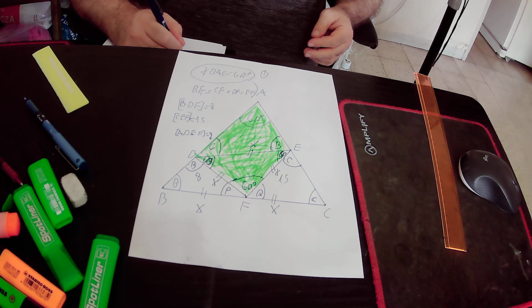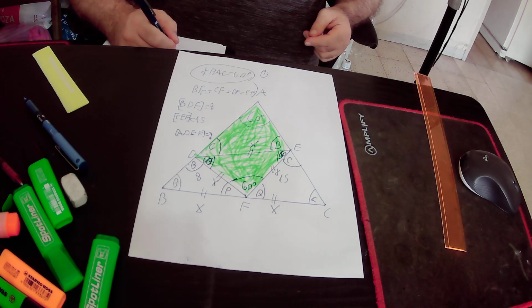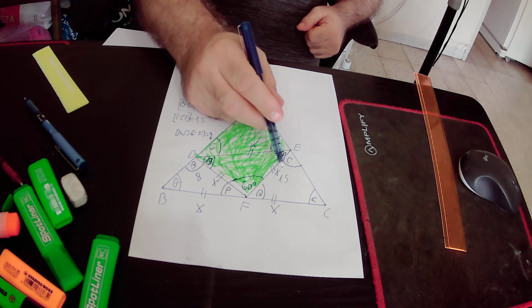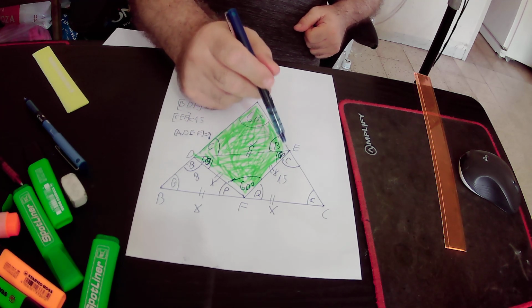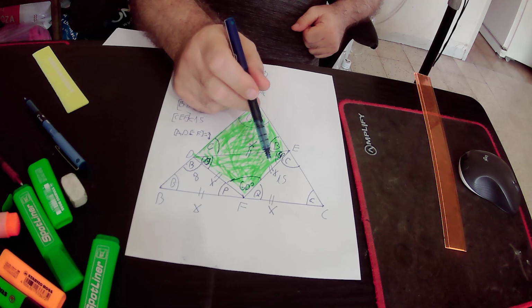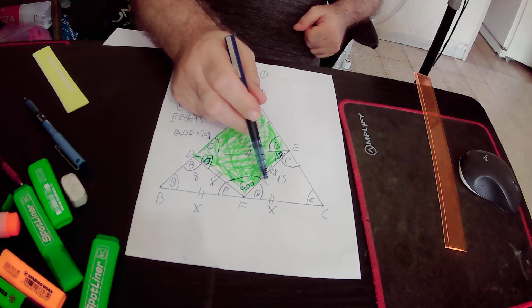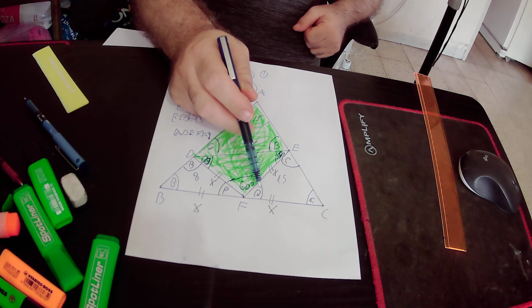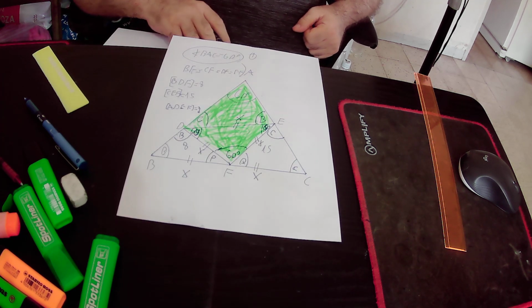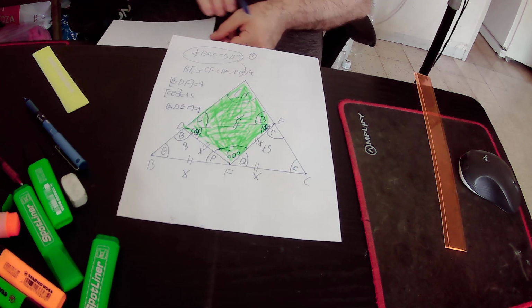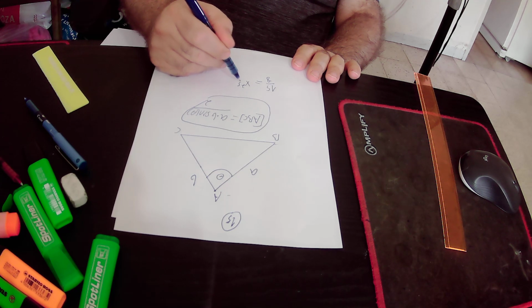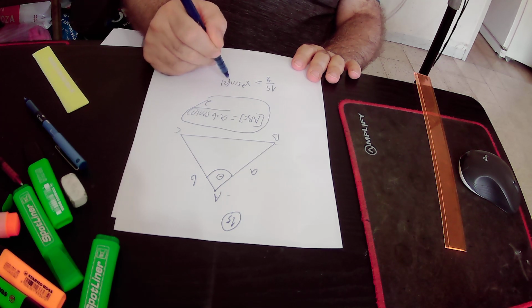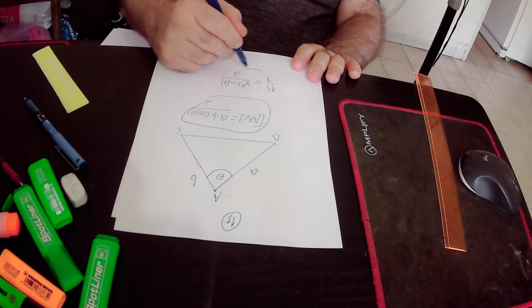The area of triangle EFC is equal to 15 square units, and according to the formula that I presented to you, it will be equal to x times x times sine q over 2, so x squared times sine q over 2.